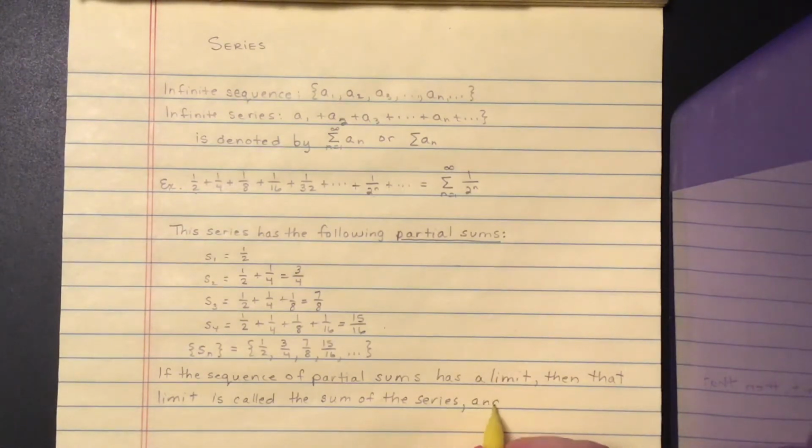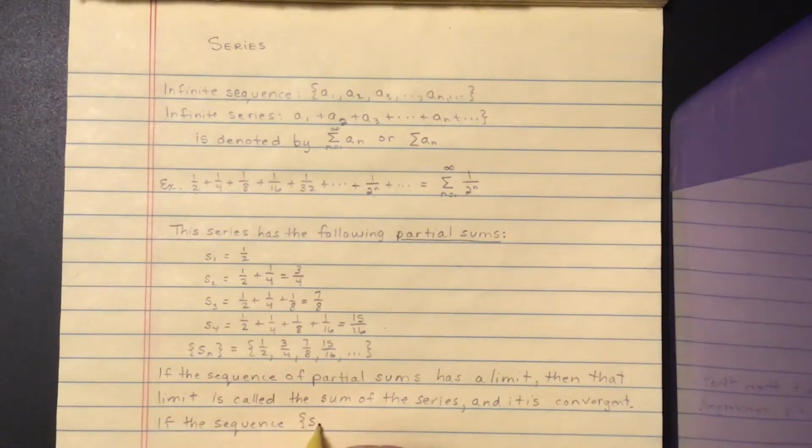And it is convergent. If the sequence of partial sums, S sub n, is divergent, then the series is called divergent.